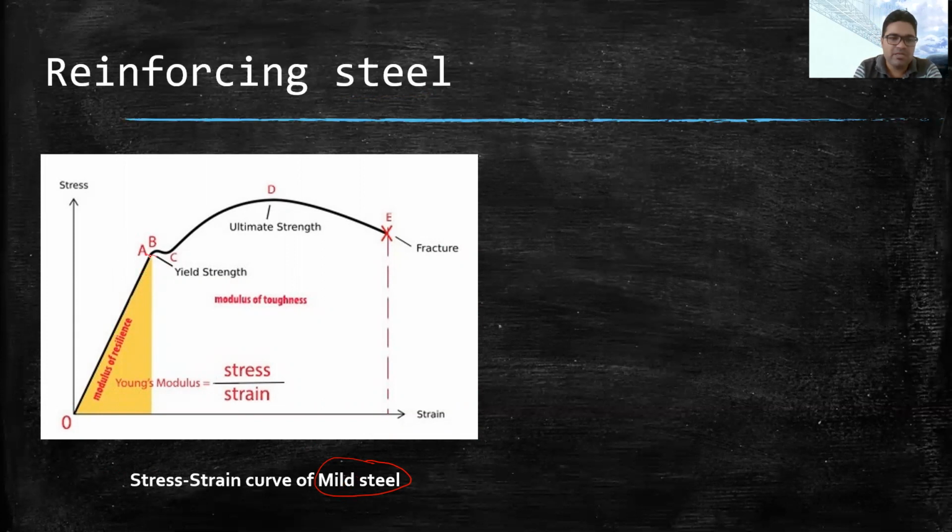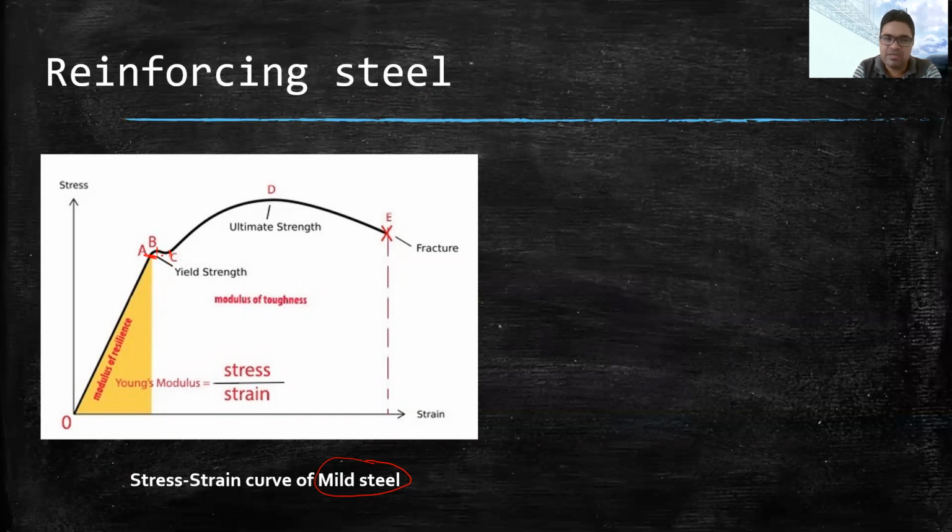Up to A, it is behaving linearly, and between A and B, it is elastic, but not linear. Similarly, after B, steel goes into the plastic stage. So up to B, if we apply load on the steel, it will regain its shape.